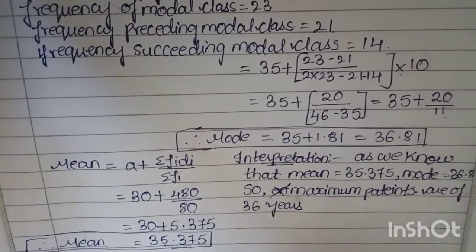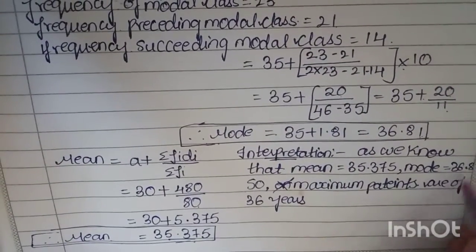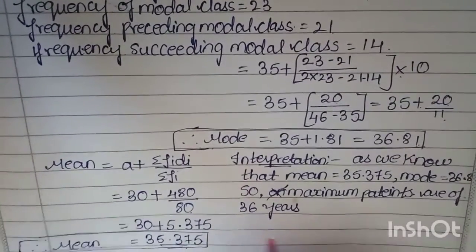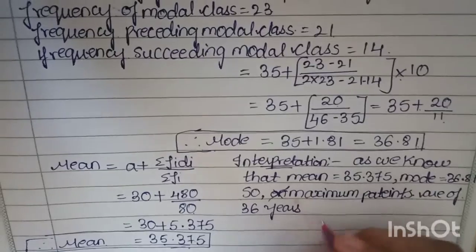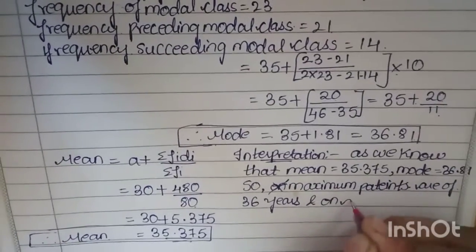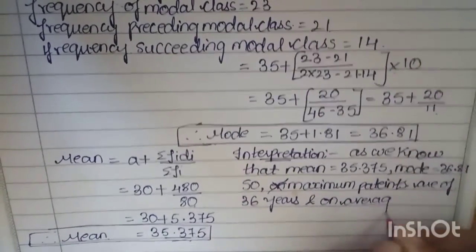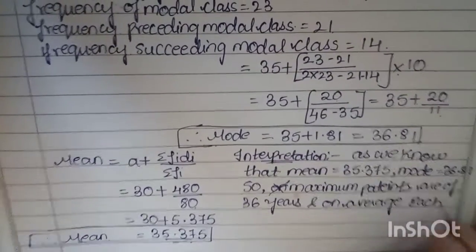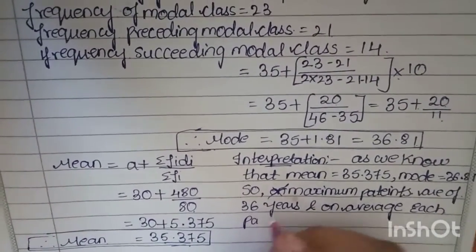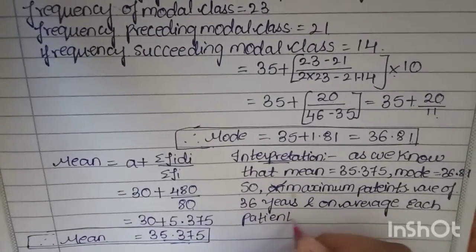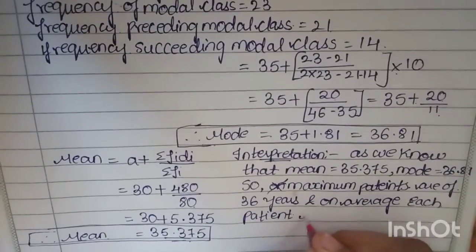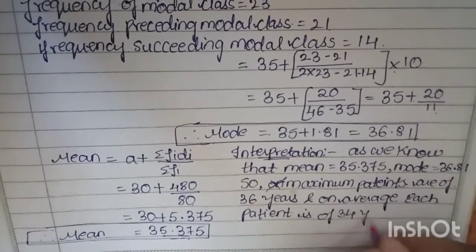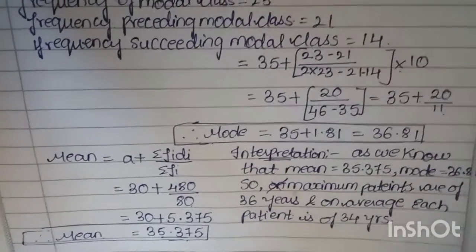I'm writing the answer before the point, no need after the point, because years will be counted in this way only. And on average each patient is of 34 years.